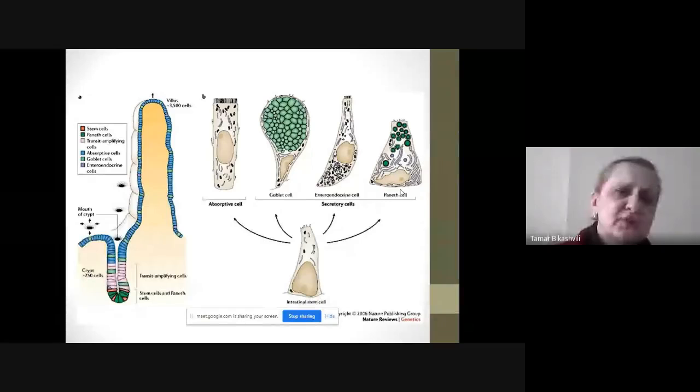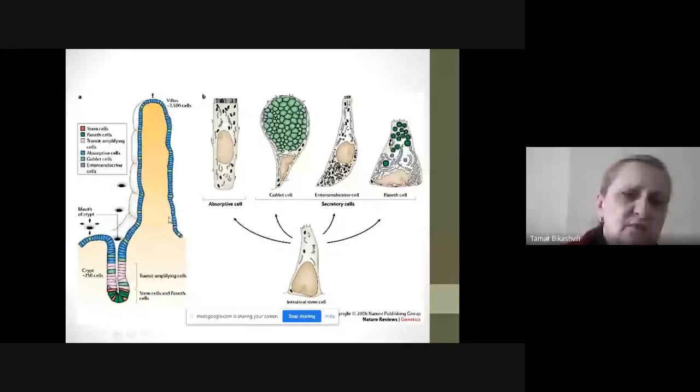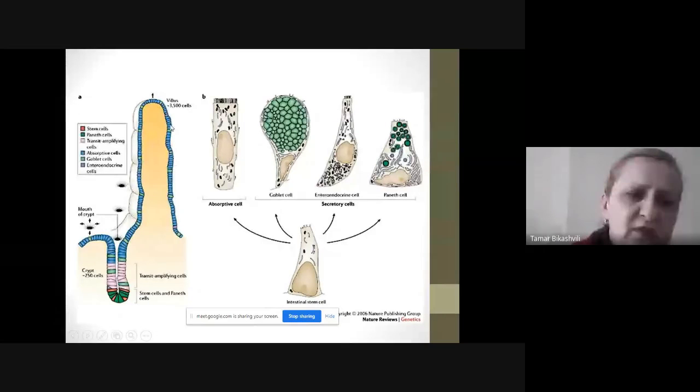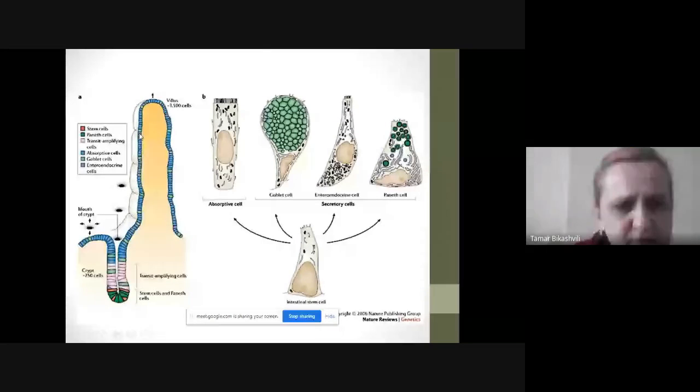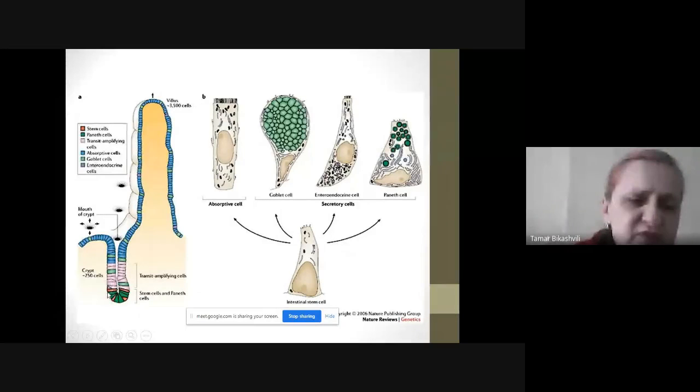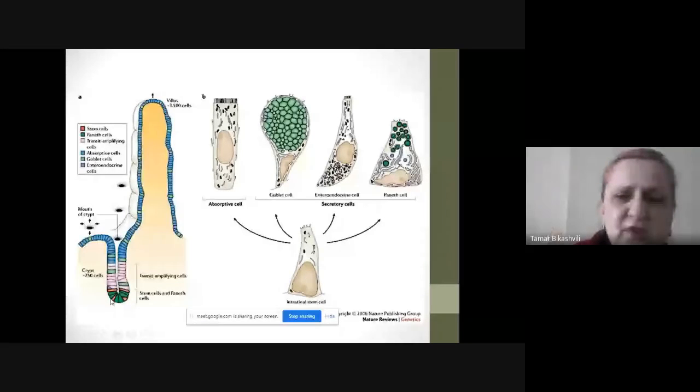First, the structure, the villus, and these are the glands, the name of this is the crypts. Here are located absorptive cells and goblet cells, and also the specific cells, the Paneth cells.